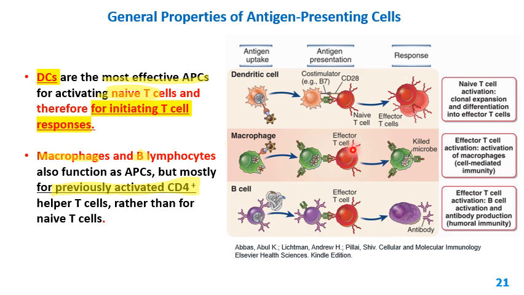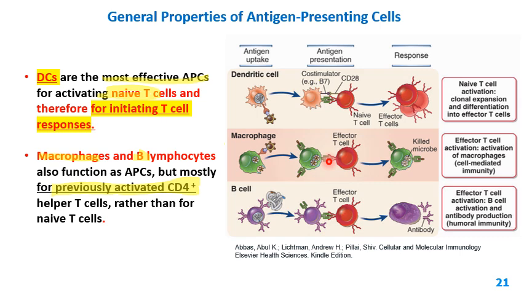Some other antigen presenting cells don't have as much B7 on the surface, meaning they can't really activate naive T cells. But the other antigen presenting cells can activate effector T cells that are memory T cells, like here. So this guy here is an effector memory T cell.